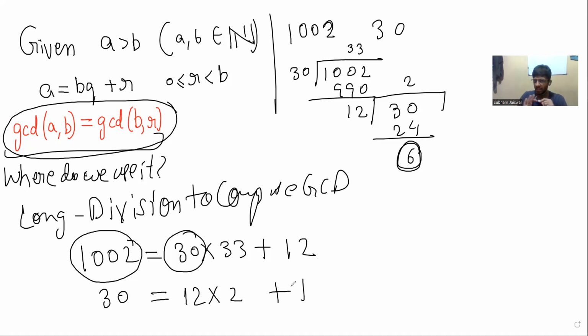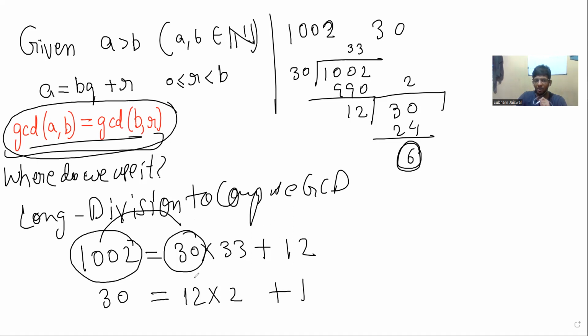This is fantastic. If you think about it, it's a very interesting idea, though maybe you have not thought about before why it works. There is a certain preservation that is happening, and obviously the numbers are getting smaller, because R is strictly less than B. The pair of numbers is getting smaller, but the GCD is not changing.